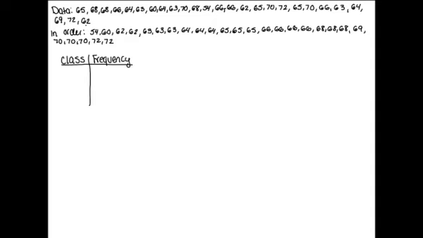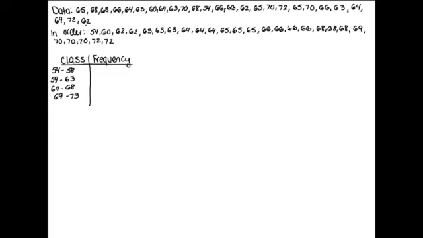Since the lowest number is 54, I'm going to start with 54. I did it by fives. So I did 54 to 58, and then 59 to 63, and then 64 to 68, and then 69 to 73.